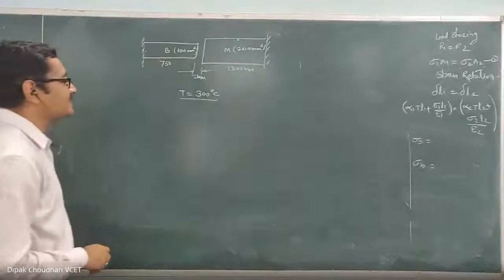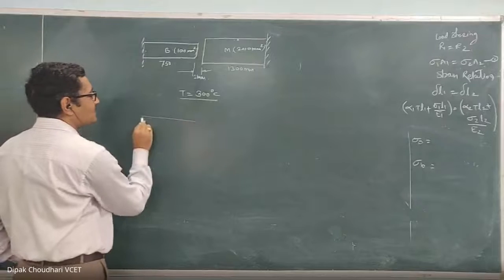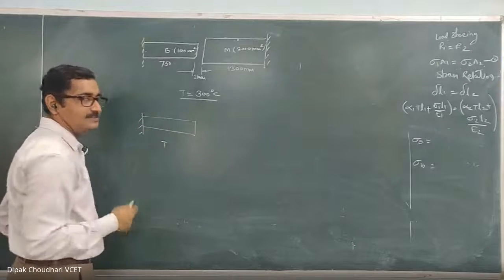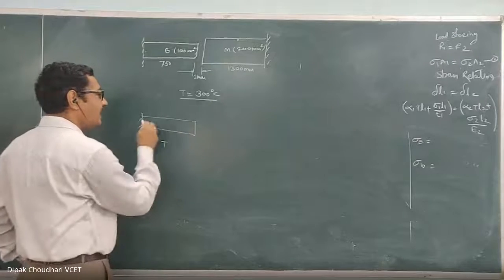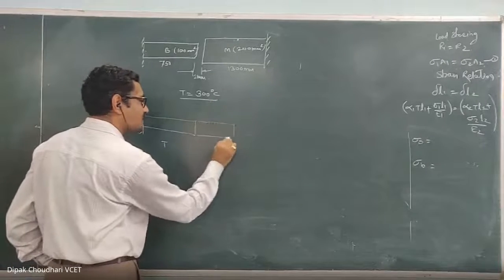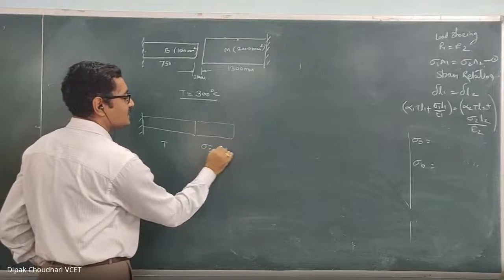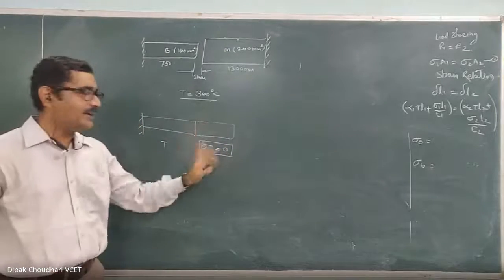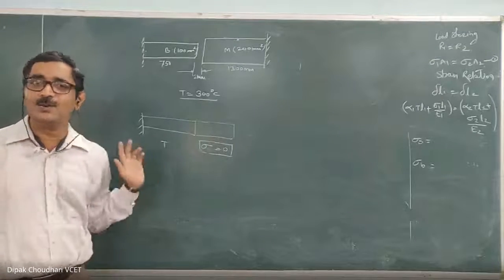Now I already told you that suppose this is one material and we heat it through some change in temperature T, and if this material is free to elongate, no temperature stresses will be induced. If it is free to elongate, temperature stresses will not be induced.